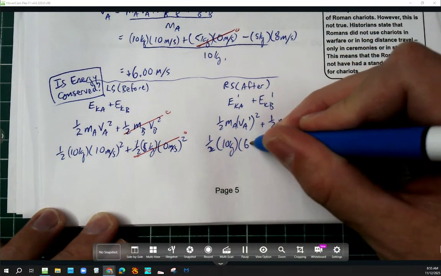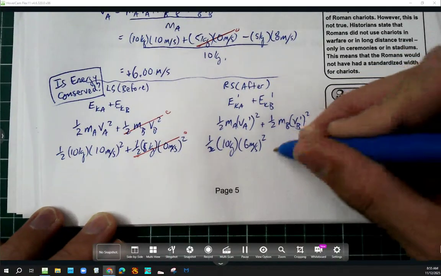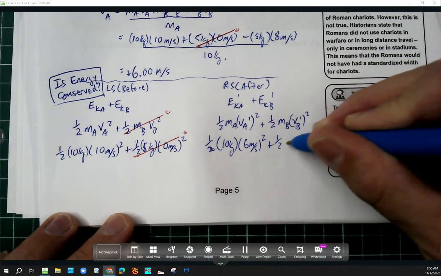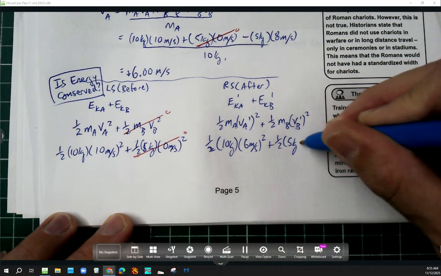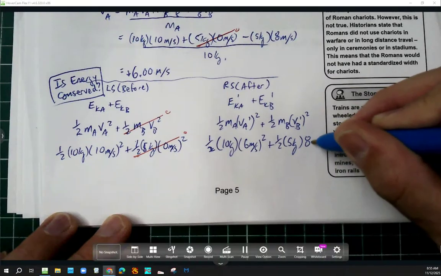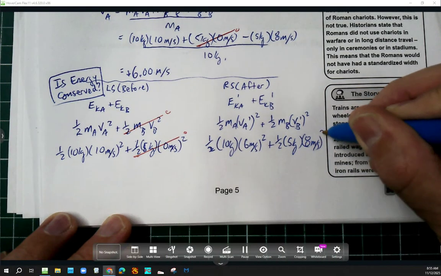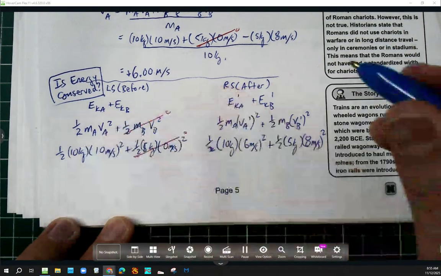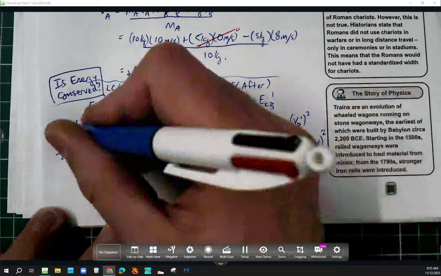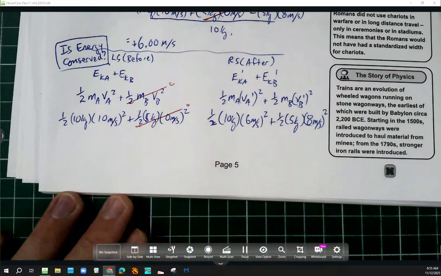We just figured out 6 meters per second. And I want to hear from you folks. How much kinetic energy do we have?